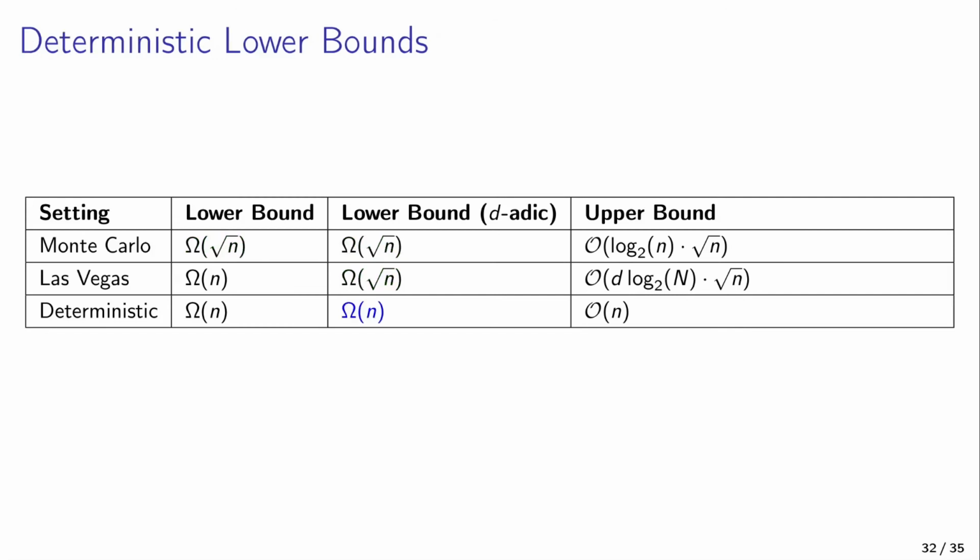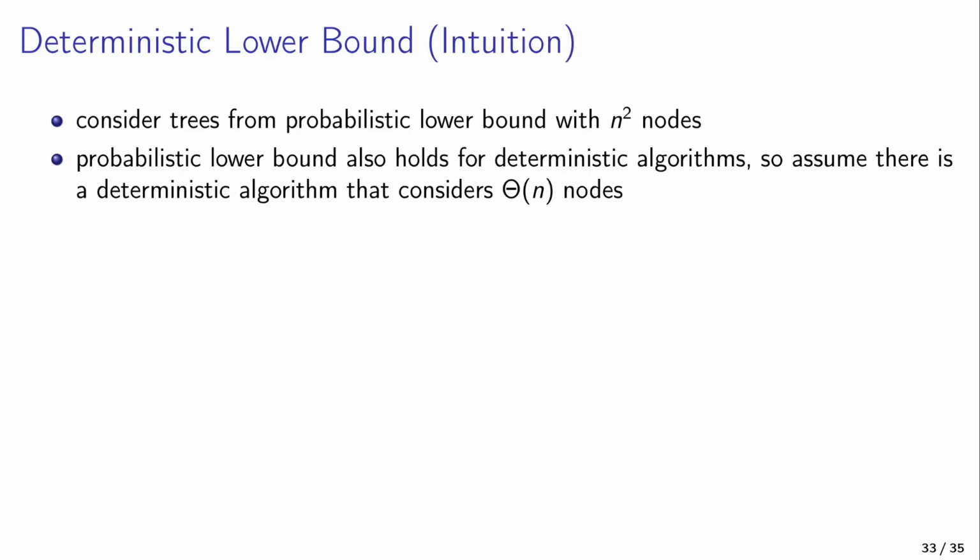The last bound we show is the deterministic lower bound of Omega of n in the bounded degree case. I think we found a cool trick here by using the probabilistic lower bound to show the deterministic bound. Consider the trees from the lower bound again, this time with n squared nodes. Since the probabilistic lower bound also holds for the deterministic setting, assume there is a deterministic algorithm that considers o(n) nodes.